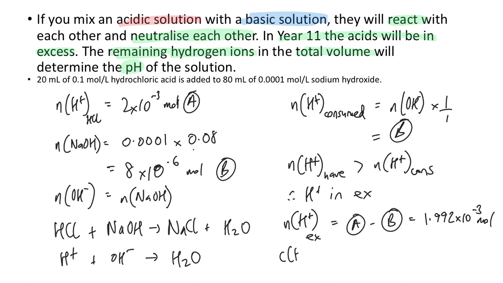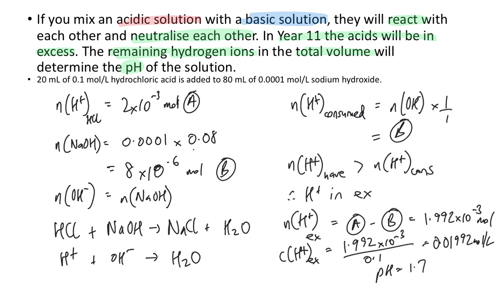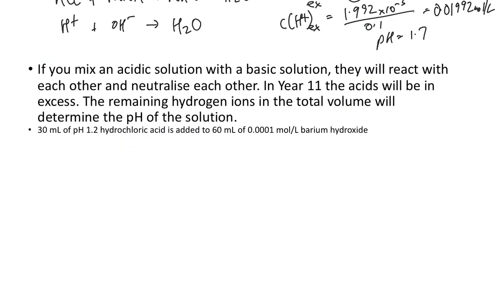Then we can work out the concentration of H+ in excess, which will be equal to that value, 1.992 times 10 to the negative 3 over 0.1, because we've got 100 mL in total, which happens to be 0.01992 mole per liter. And the pH from that will be equal to 1.7. Okay? All right.